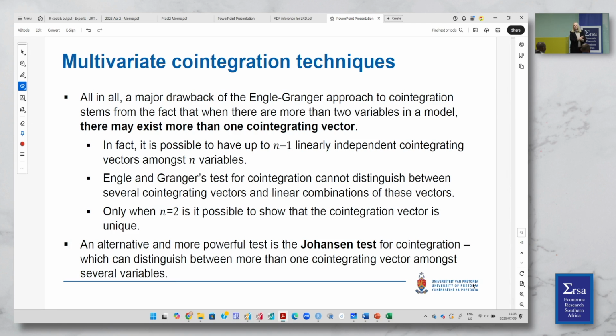And when we start discussing the multivariate, it will mean reduced rank of that alpha times beta matrix. We will discuss that after we've done the ECM for the Engel-Granger method. And that is the last slide.